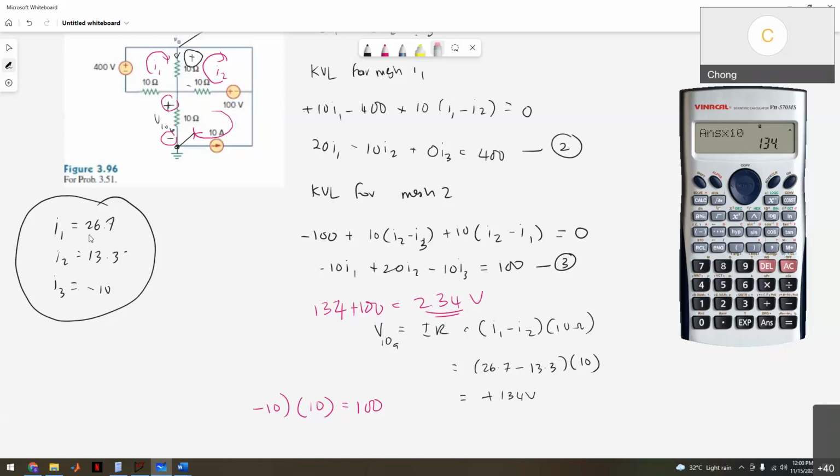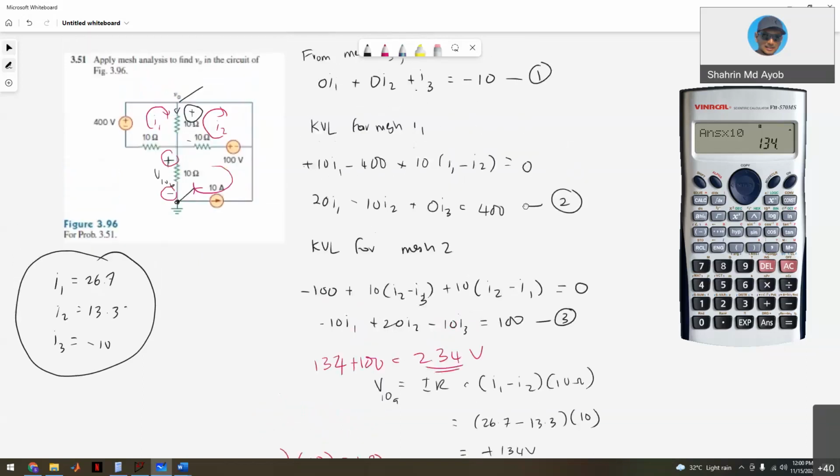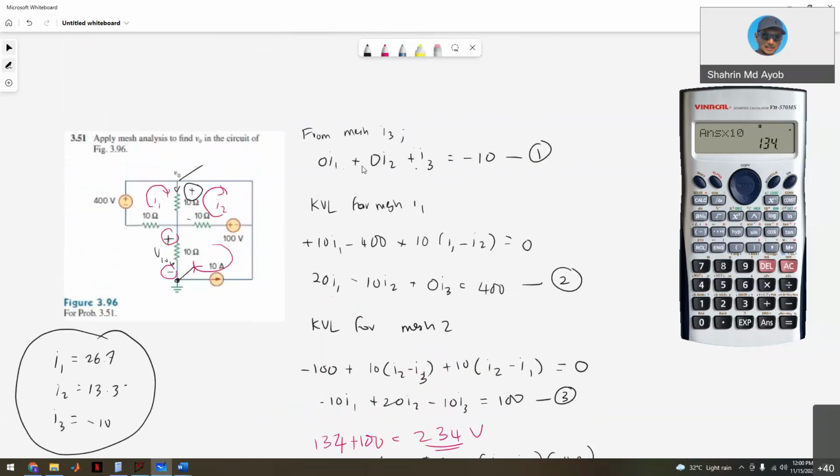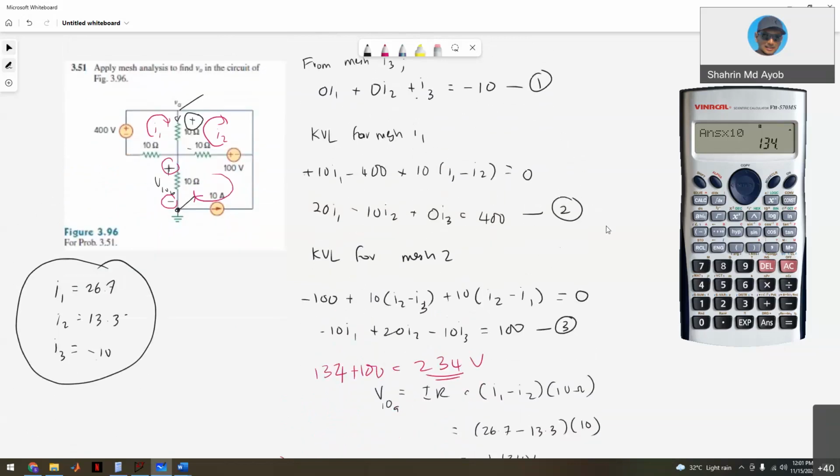So I3 is just put like this, right? 001, because 001 is equal to negative 10. Because you need to put the variable values I1 and I2. Okay, I hope everybody understands this one.